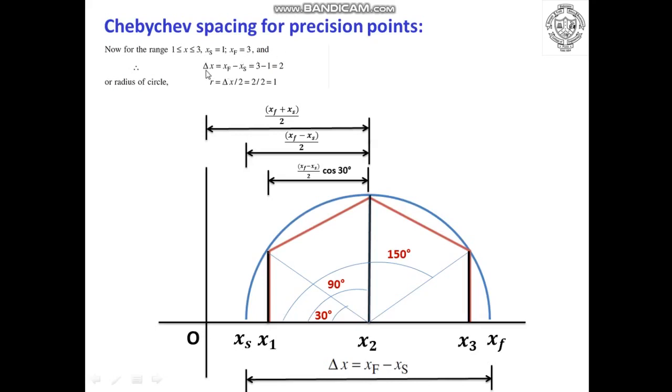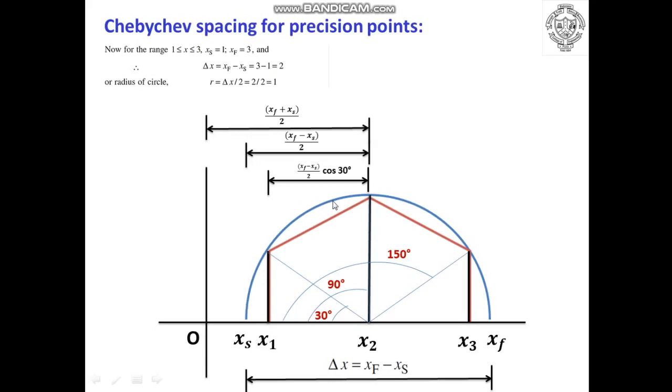We can calculate the range as del x equal to xf minus xs, which is 3 minus 1, which is equal to 2. As we know, we have to draw a circle whose diameter is equal to the range of x, that is 2. So the diameter of the circle is 2, hence the radius of the circle will be del x divided by 2, that is 1.